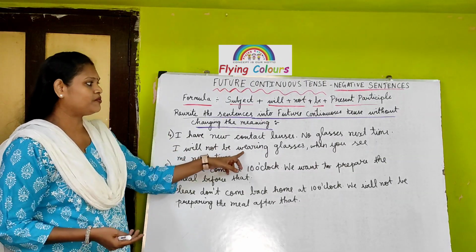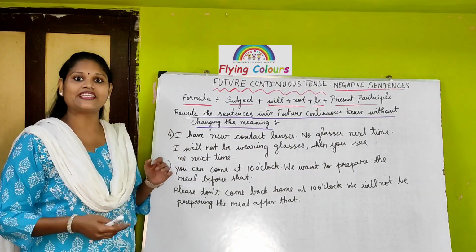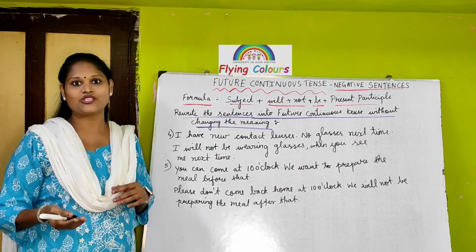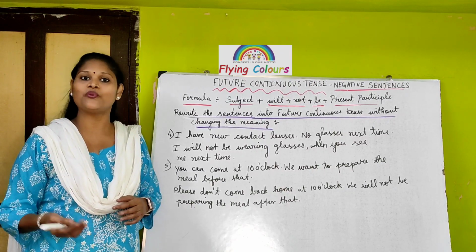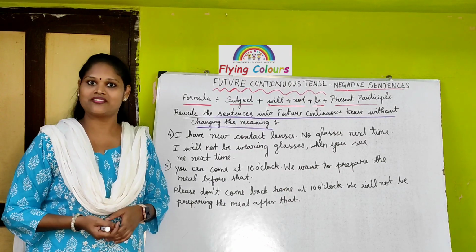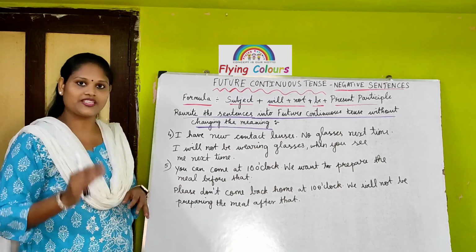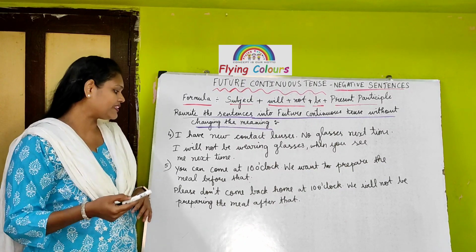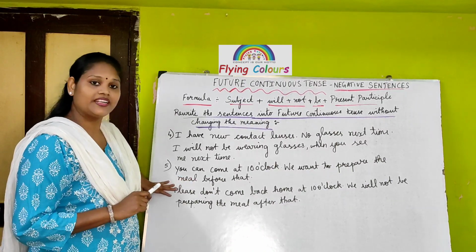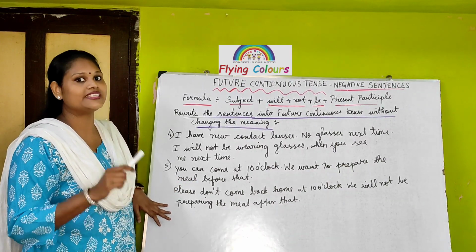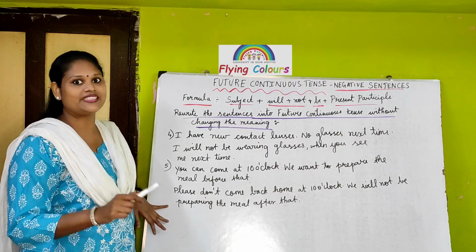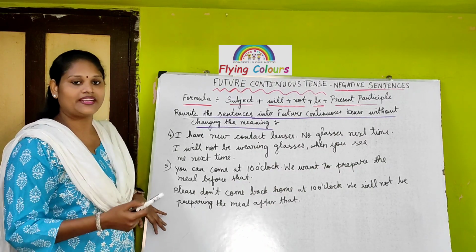So, I have written wearing. This is a different sentence. I want you all to learn this also. This would be very useful for you when you converse with others, right? And one more example. You can come at 10 o'clock. We want to prepare the meal before that. I have written the answer for this sentence in future continuous tense negative. So, how you can write this?